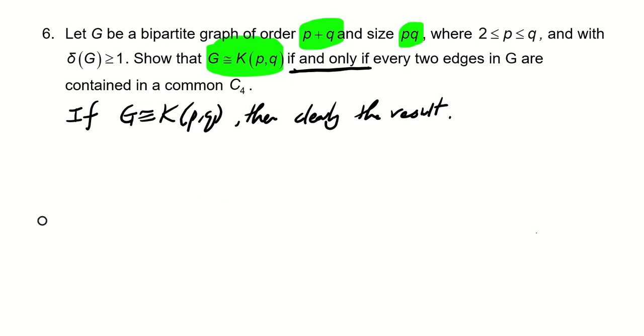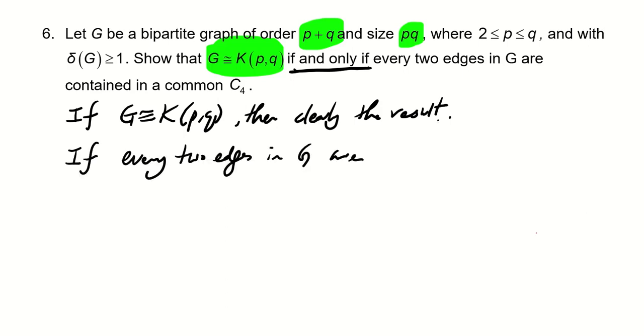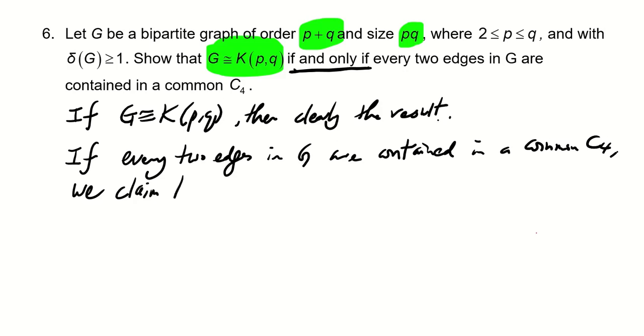Okay, now next, if every 2 edges in G are contained in a common C4, here we claim that G is K_{P,Q}. Again, we'll prove by contradiction.